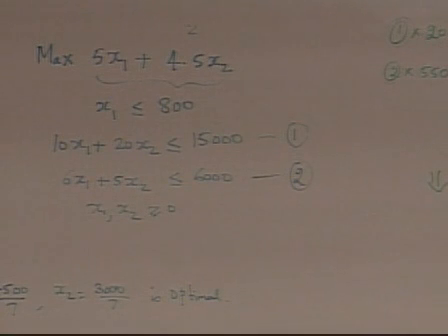Okay, so the question is whether 20 and 550 were derived from some kind of Lagrangian theory, and for those of you who have not heard of it, you don't have to worry about it. The short answer is it does come from some kind of a dual problem, which we'll get to in a little bit.